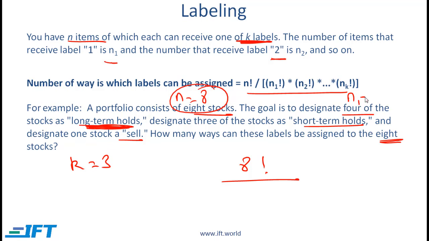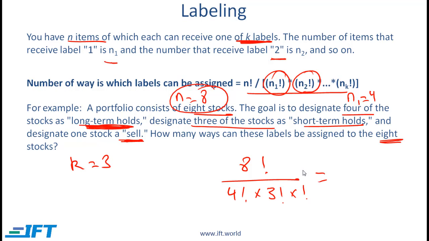So n1 is equal to 4, divided by 4 factorial, multiplied by n2 factorial. The second label is short-term holds, and we need to designate 3 stocks under this label. That is the n2 factorial. So we say multiplied by 3 factorial. And then the third label is sell. Only 1 stock needs to be under this label, so we multiply by 1 factorial.